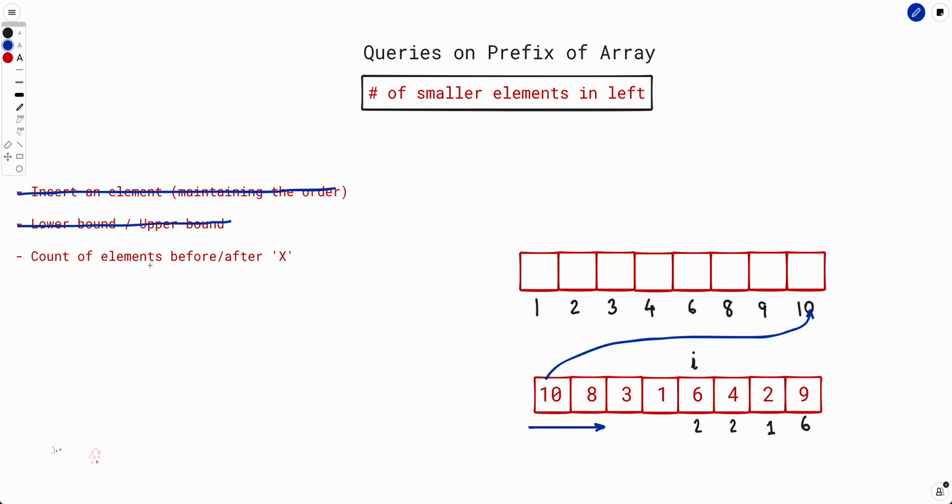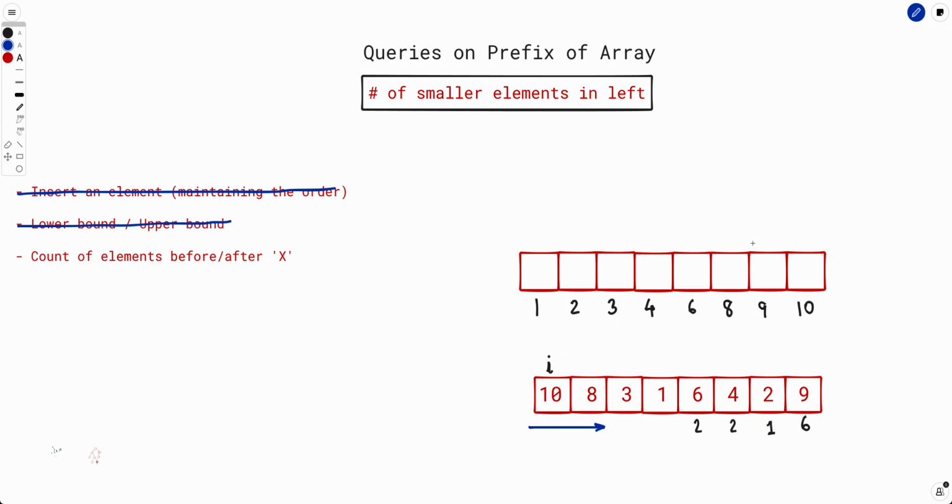Now we are only left with the query where we need to count the number of elements which are before a particular index x, right? So let's take this example. Let's say your i is at 10. What does that mean? It means find me all the elements which are smaller than 10 in the left of i.